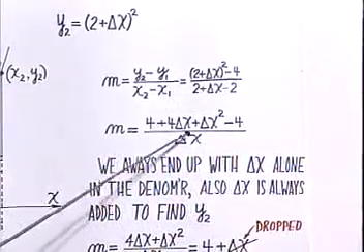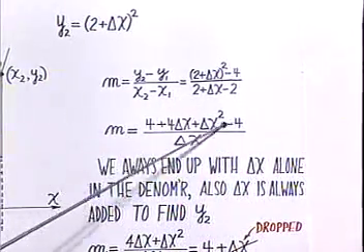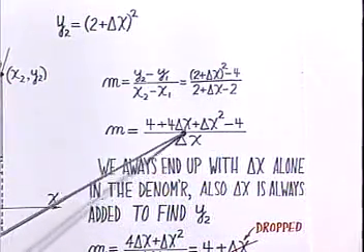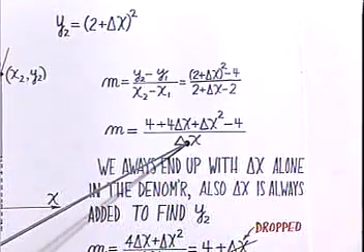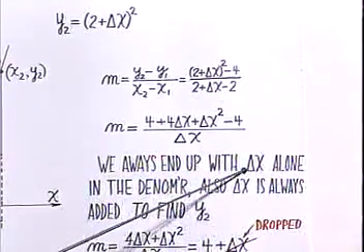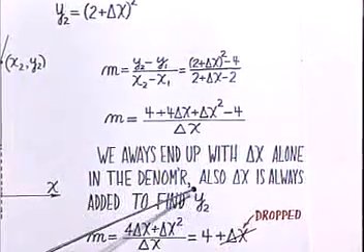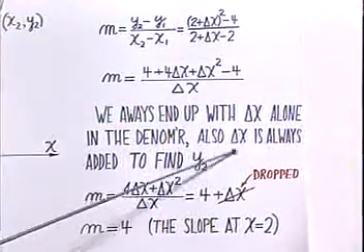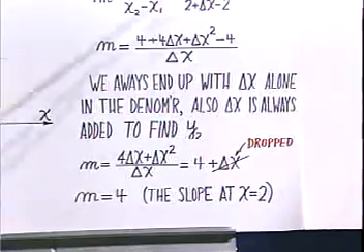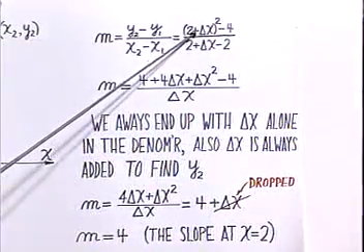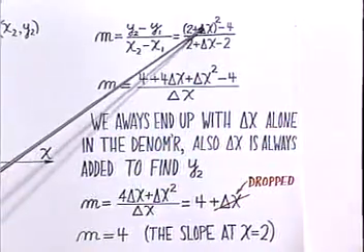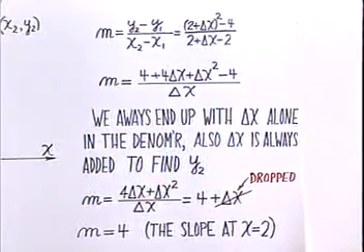And notice here, when we simplify it, that delta x comes out alone on the bottom all the time. We also always end up with delta x alone in the denominator. Also, delta x is always added to find y2. That is to say, over here, this delta x is always added to whatever number we want to find y2, as in here.